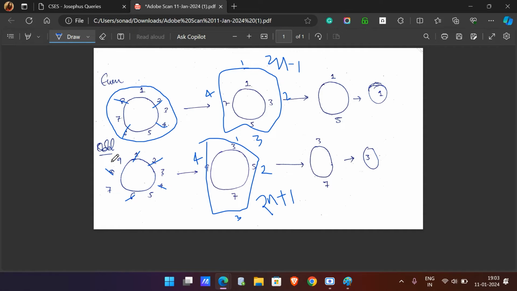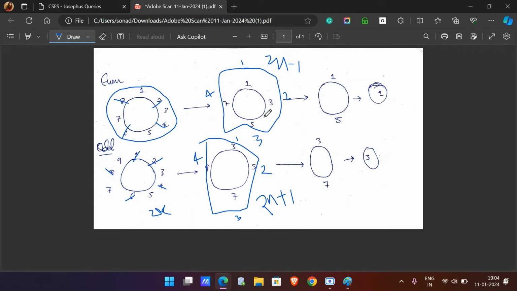And if k is less than or equal to (n plus 1) by 2, then I could simply return my answer as 2 into k. Because if k is 1, then it's 2. If k is 2, 4, then 6, then 8. It's 2 into k. But for the odd case, if k is 5, then 2 into k is 10. That is greater than n. So we have to modulo with n.